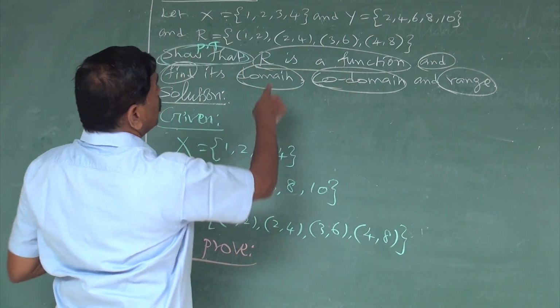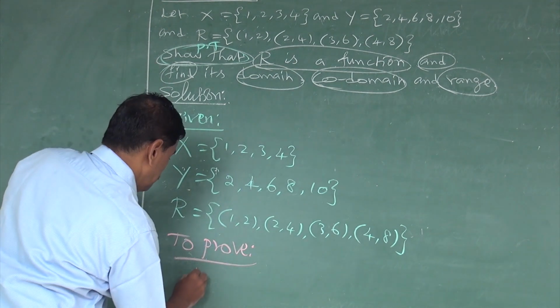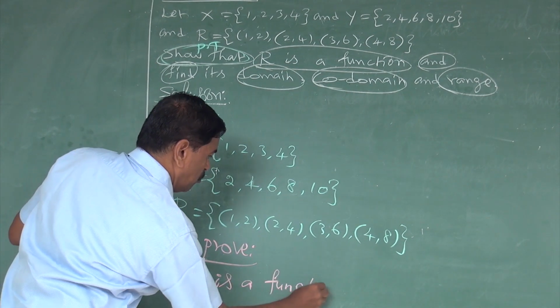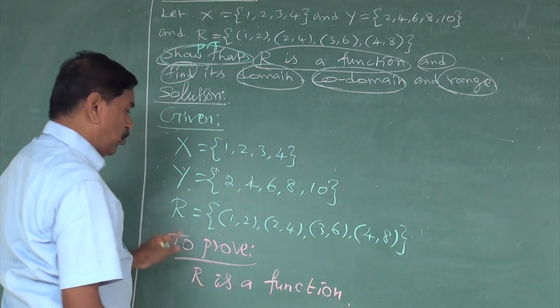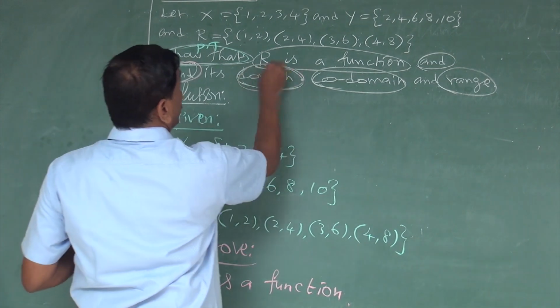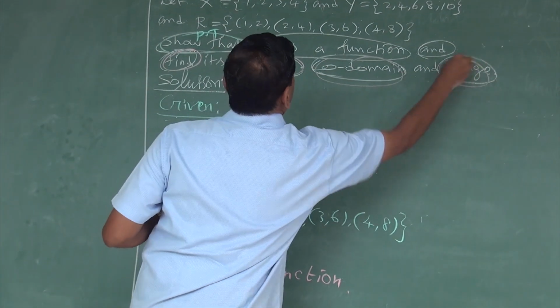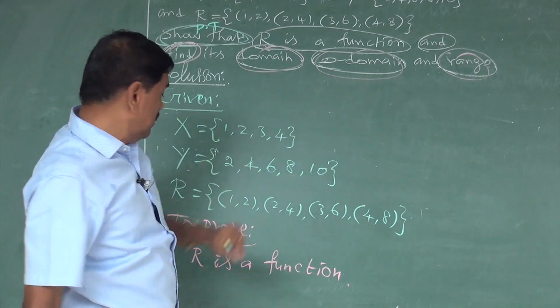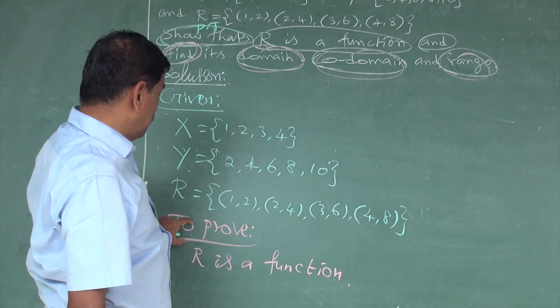Next, find its domain, codomain and range. If it is a function, then we want to find the domain, codomain and range. Given, to find, to prove.